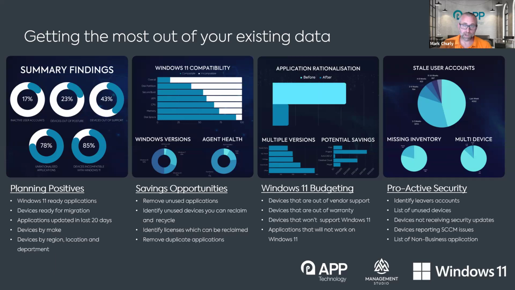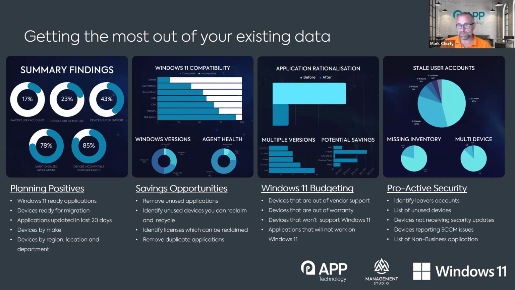So with planning, we can help you identify where you've got applications that are already Windows 11 ready, devices that are ready for migration, application usage and application updates. So you can see where applications are actively being used and updated in your estate. We can split out devices by make, region, location, and department for you.